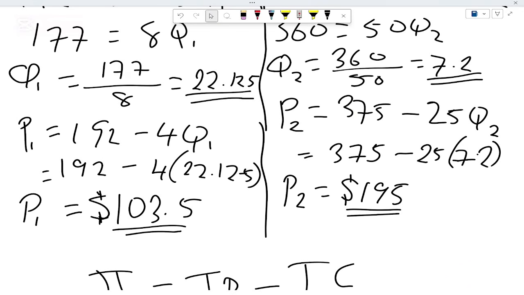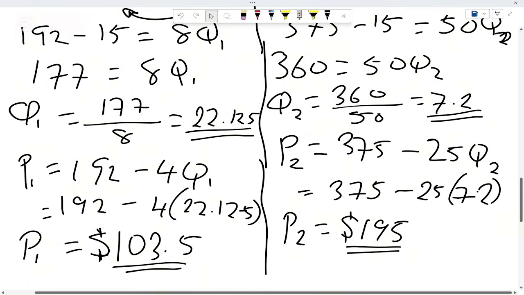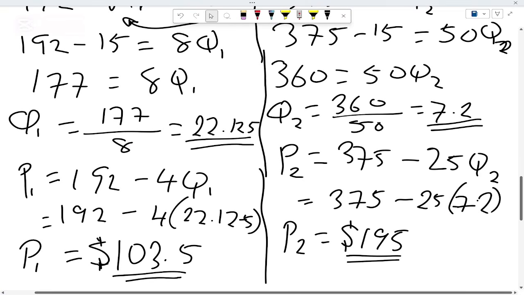But looking at the normal law of demand and supply coming to play, you discover that the market with the lower price has higher units sold, while the market with the higher price has lower units sold. You see 22.125 units sold for the first market, where just $103.5 was charged. But for the second market, 7.2 units were sold.